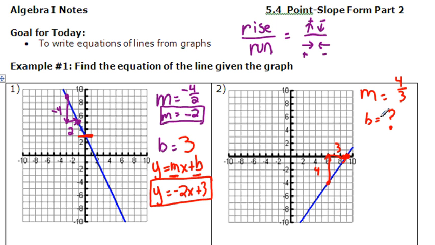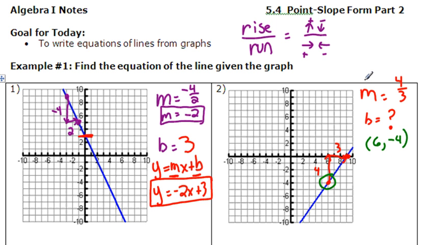That doesn't mean we can't solve the problem. What it means is we have to pick one of our ordered pairs that we were using to find the slope. So I'll use this ordered pair. I'm going to find out what the coordinates are for the ordered pair. So it's at 6 on my x, -4 for the y.